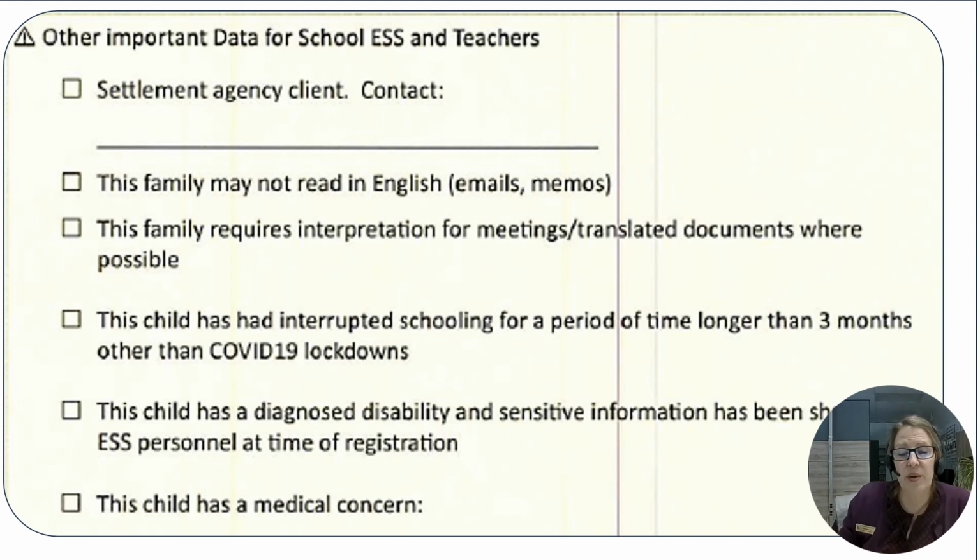And the final point would be similar to that. This child has a medical concern. So if there is a serious allergy or medical concern, we do write as much as we can about what the parent reports to us.